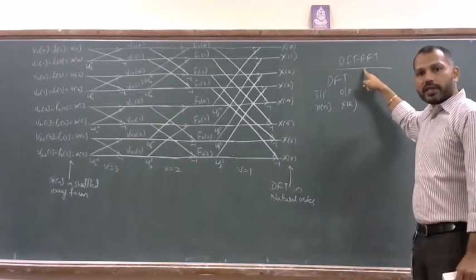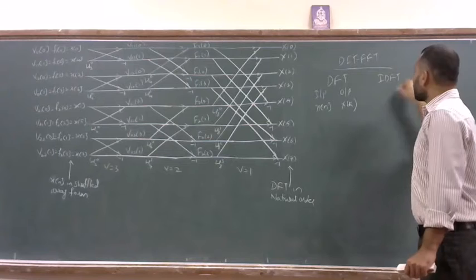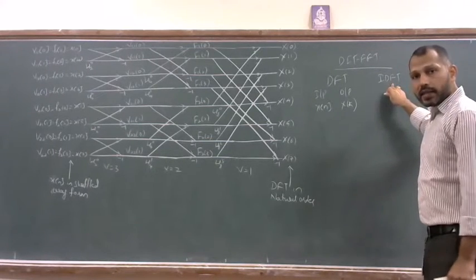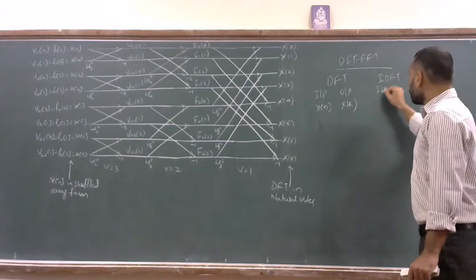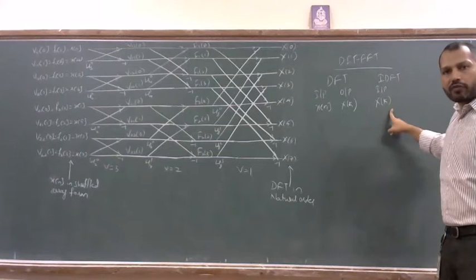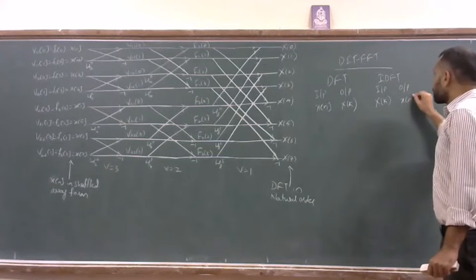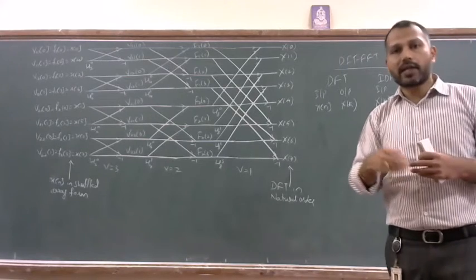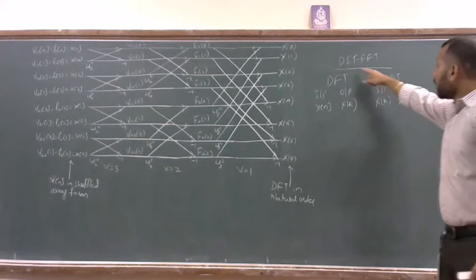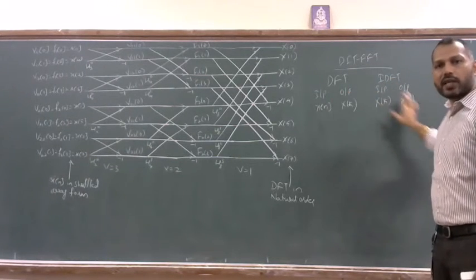Now, this decimation in time FFT can be used to calculate the IDFT as well, the inverse discrete Fourier transform. For the IDFT, the input will be x of k, the DFT on the input side, and the output will be x of n. From the DFT we obtain the discrete time sequence back, so the output will be x of n for the IDFT. And this decimation in time FFT can be used to calculate the DFT as well as the IDFT.